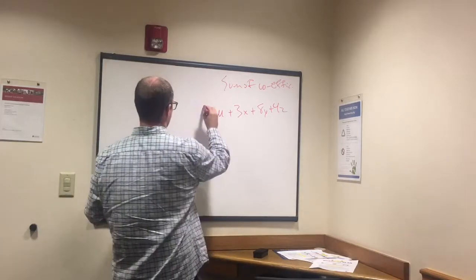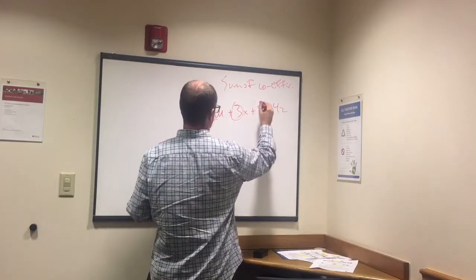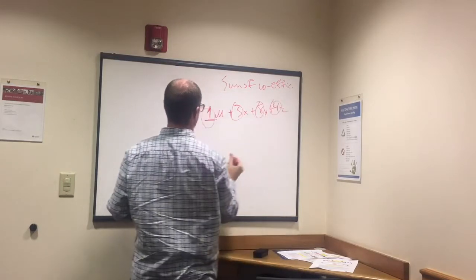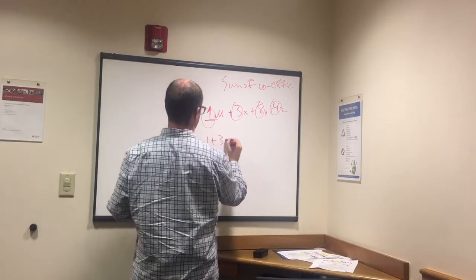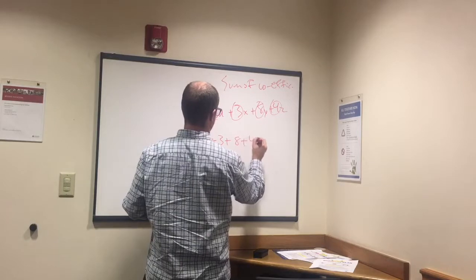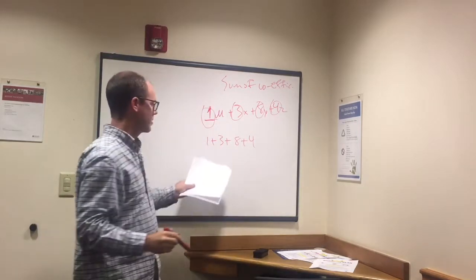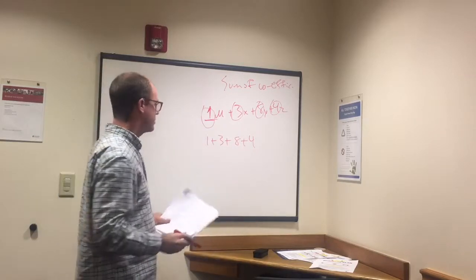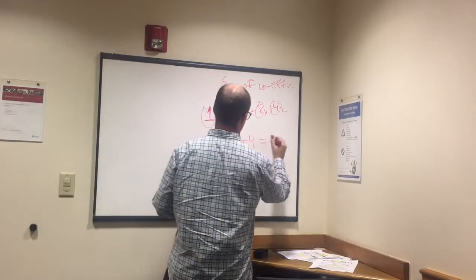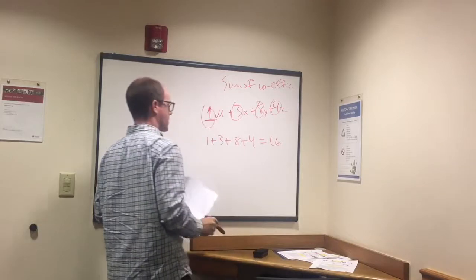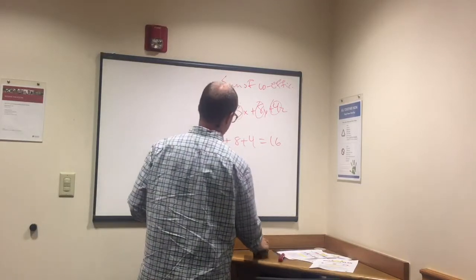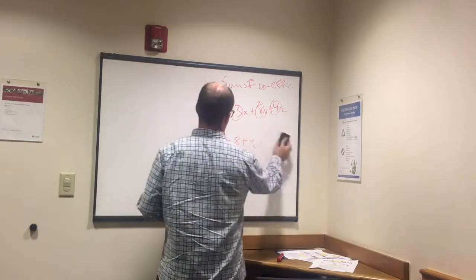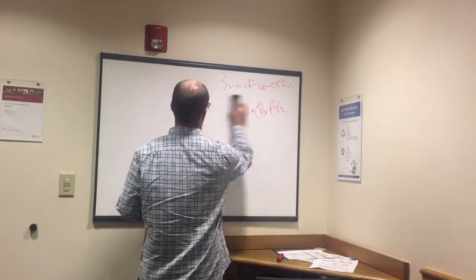So we have a 1, a 3, 8, and a 4. 1 plus 3 plus 8 plus 4. 1 plus 3 is 4. 4 plus 8, 12. 12 plus 4, 16. So the sum of the coefficients for that problem is 16.